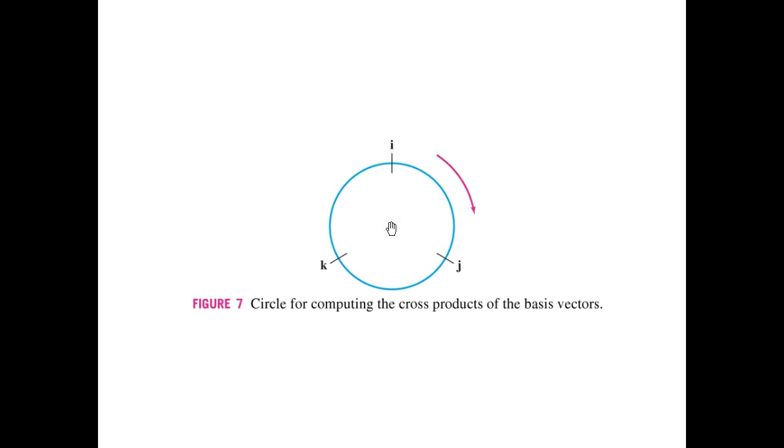But if you list them clockwise, i, j, and k, as long as you're going in that direction, you'll get a positive result. i cross j is positive k, j cross k is positive i, k cross i is positive j. Circle for computing the cross products of the basic vectors.